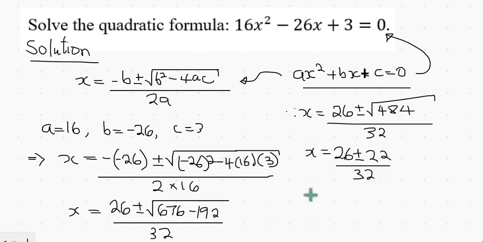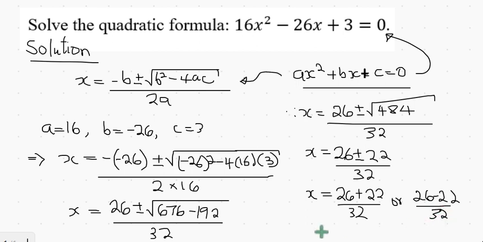Therefore we can split this and write it as 26 plus 22, because there's a plus or minus sign at the numerator, so you can break it up, divided by 32, or the value of x is equal to 26 minus 22 divided by 32. Let's simplify this to get the final answer.